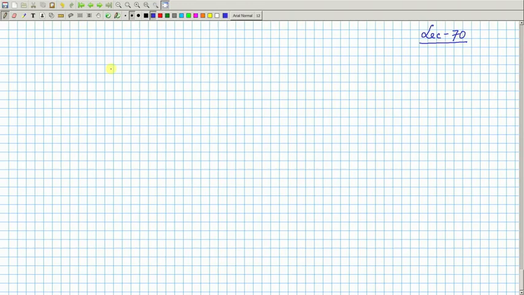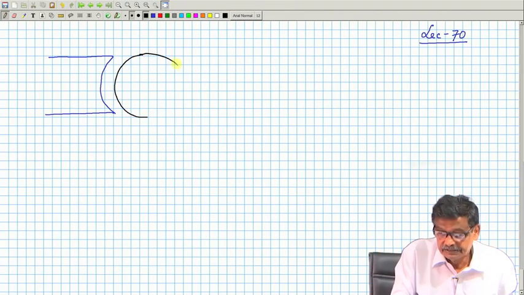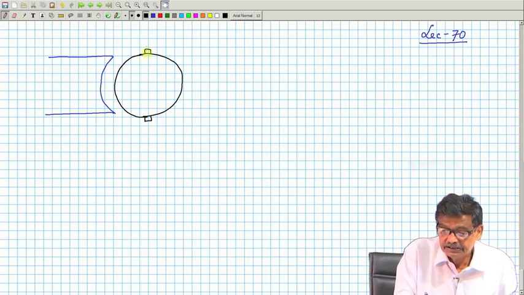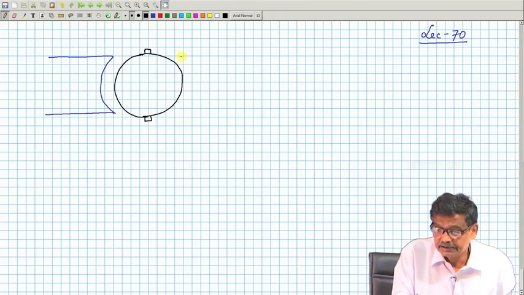And we have seen that these are the poles, this is the armature, and there are brushes here in the quadrature axis, which is otherwise a magnetic neutral zone.